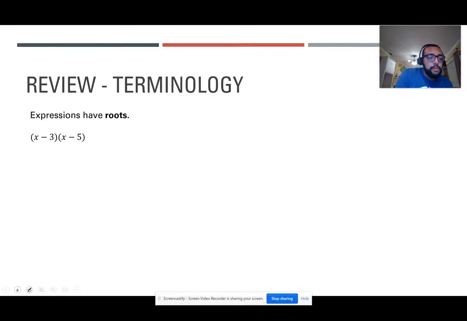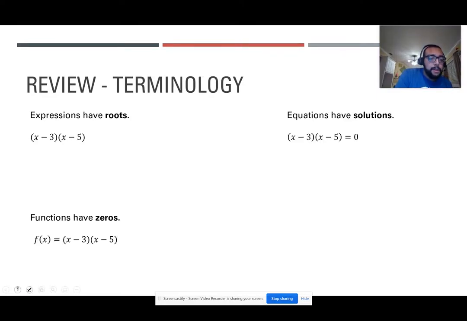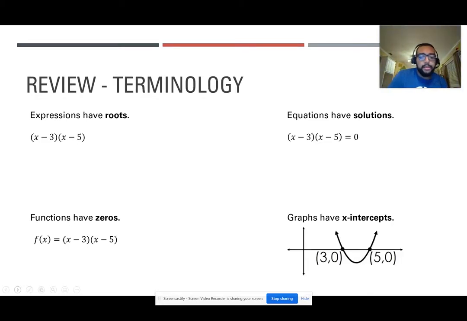But just to review what he was talking about, yes, technically there is a distinction that needs to be made between roots, solutions, zeros, and x-intercepts. Yes, in theory, they are all talking about the same thing, but really for us, this first half, we're going to talk about expressions, and then we'll be talking about solutions.